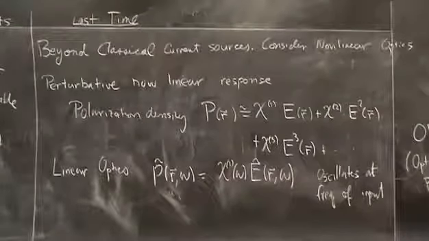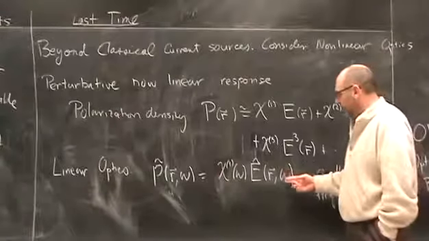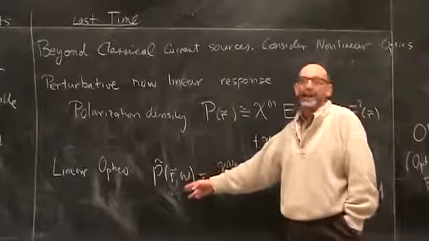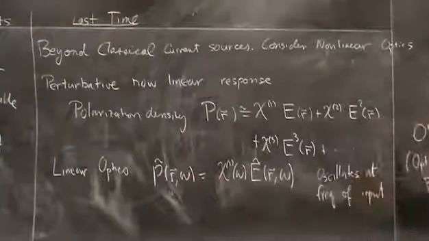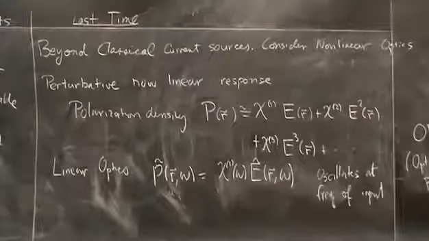As we know, if you drive the system at frequency omega, it will, in steady state, radiate at omega. So in linear optics, you don't generate any new frequencies than were already present.